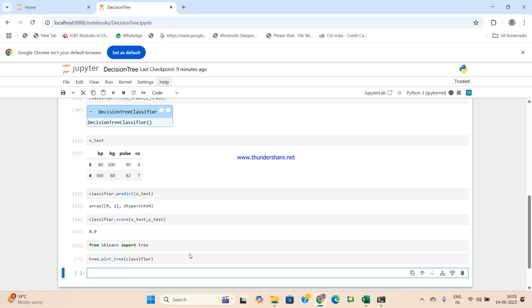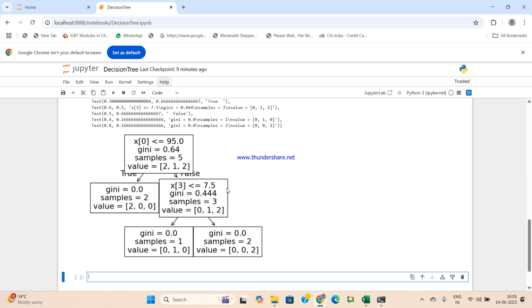If you put that, now you see this is the decision tree as per this Gini algorithm. All the samples are divided into two categories, for example, if it is less than 95%, like that.